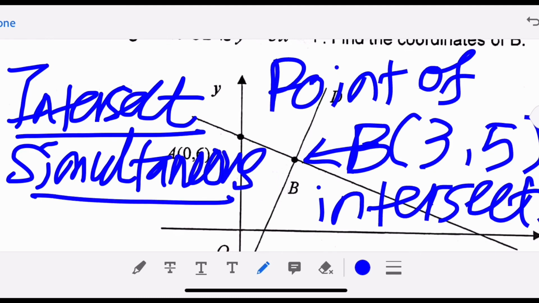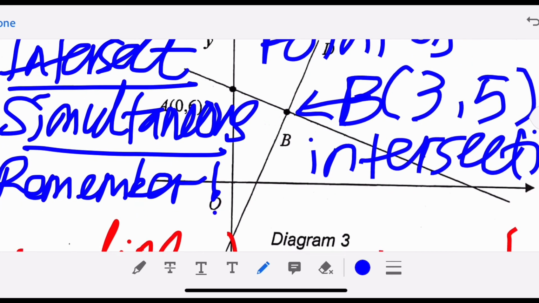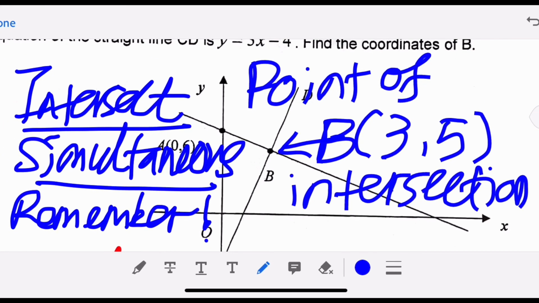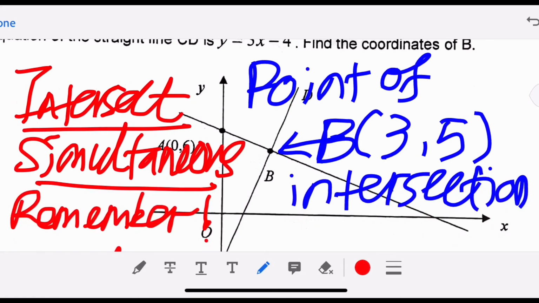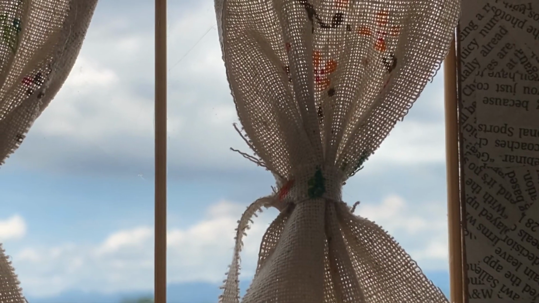For the point of intersection, we must solve the simultaneous equations. Hopefully all of you can remember what I remind you here again and again. Try to jot it down on a piece of paper or stick it on your table so that you can recall easily.